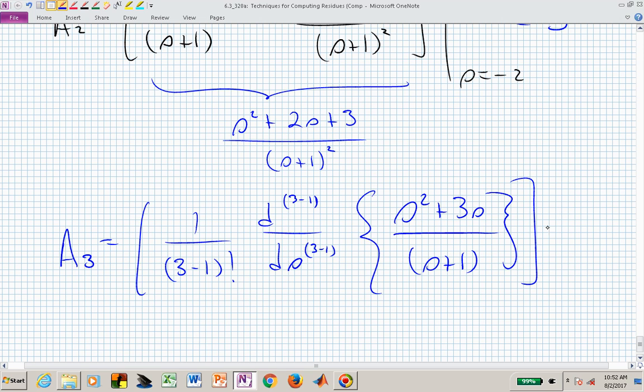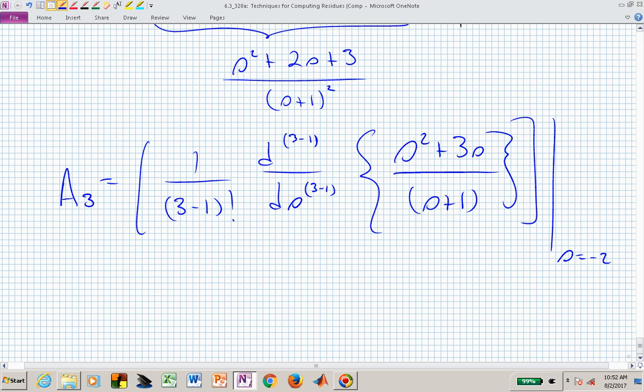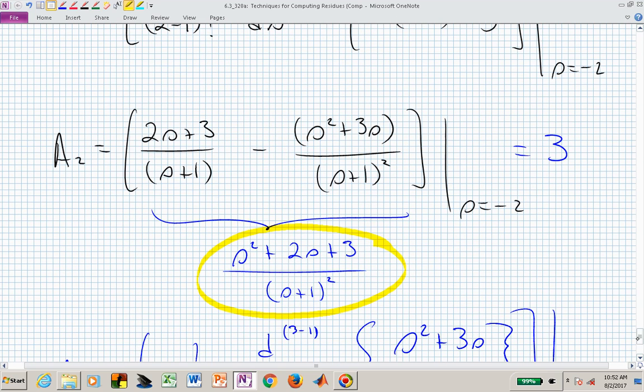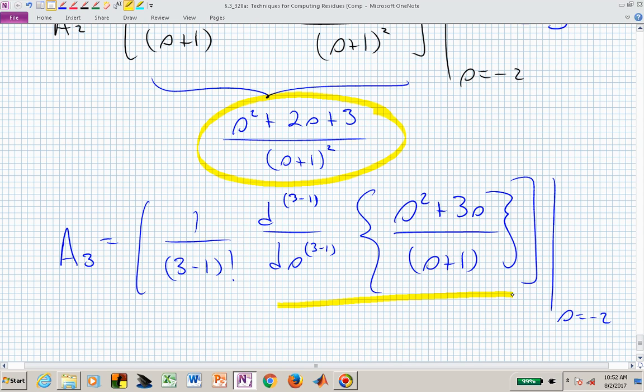And again, once we've done all of that, we would evaluate it at s equal to minus 2. But this is now why it was convenient maybe to go ahead and compute that expression, which is the first derivative of what we have here, and now we need to differentiate what's in yellow one time.